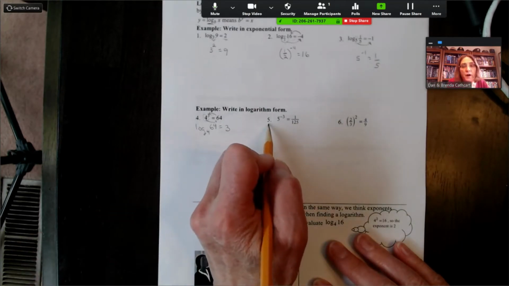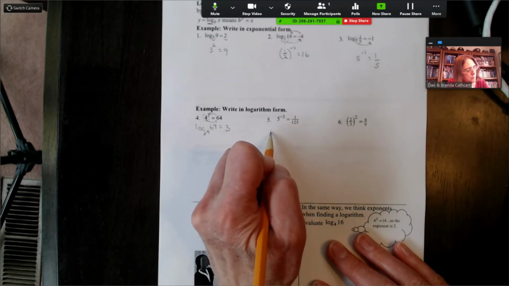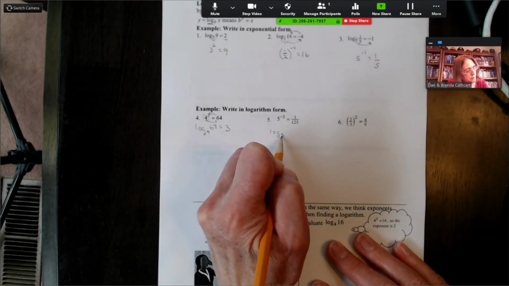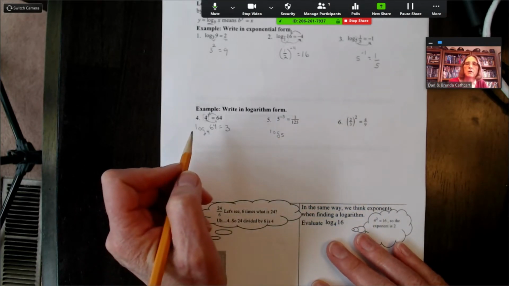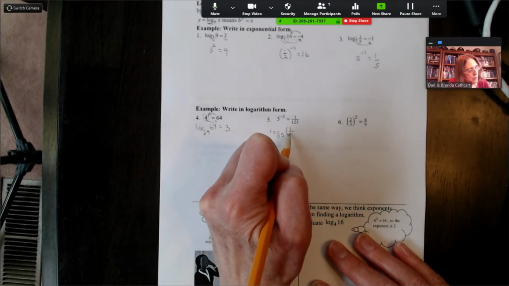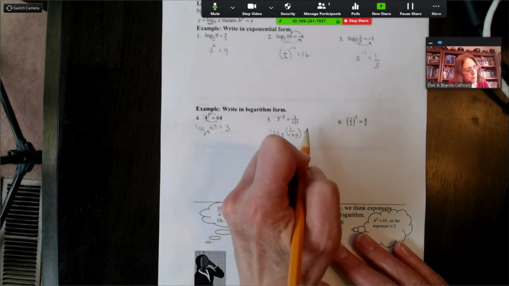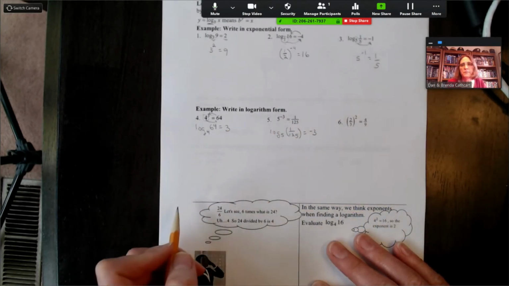Okay, number 5, again, we want to identify our base. Our base is 5, so log subscript. The base is written as a subscript on a logarithm. So log base 5 of 1/125 is equal to the power, the exponent of -3.